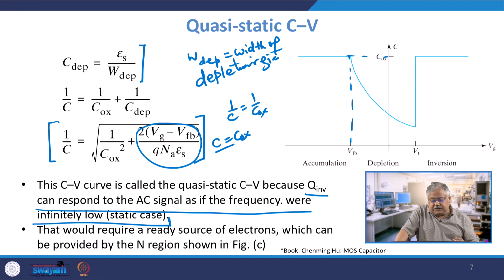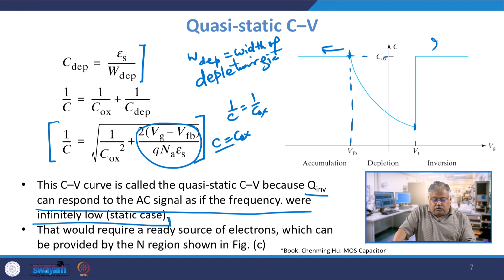Whatever we have studied till now is all quasi-static in nature. Now you see, this is your accumulation, this was your depletion till this much, and then you have an inversion. We have already studied this to a larger extent. So this is the basic idea of a quasi-static CV region.